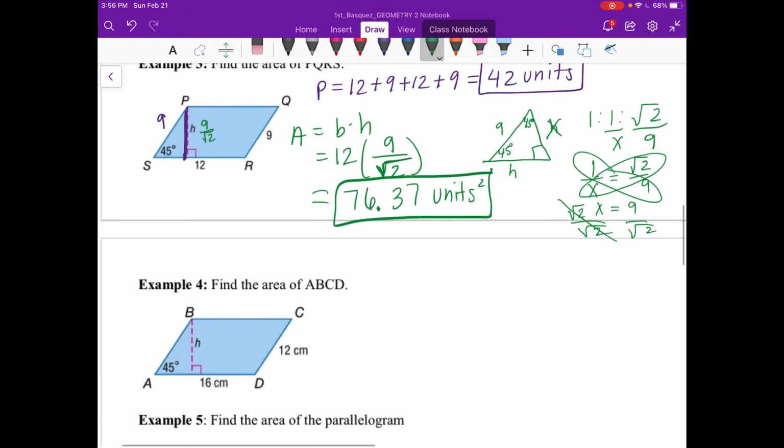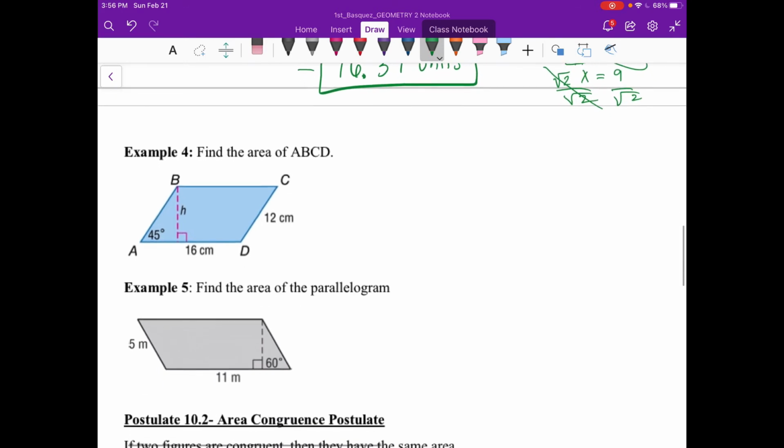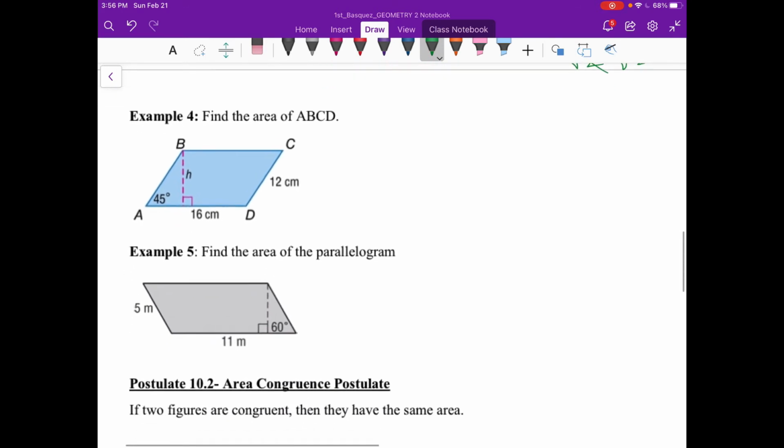Okay. Moving on, just one more example. Find the area. So very similar here. We know that this is going to be 12. We are looking for the height. Same process, we have 1 to 1 to square root of 2 for my ratio. The height I'm just going to call x.